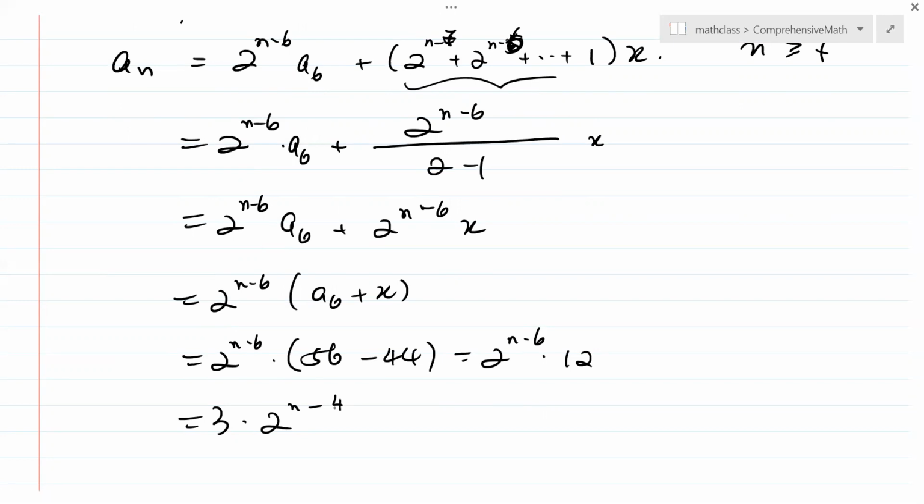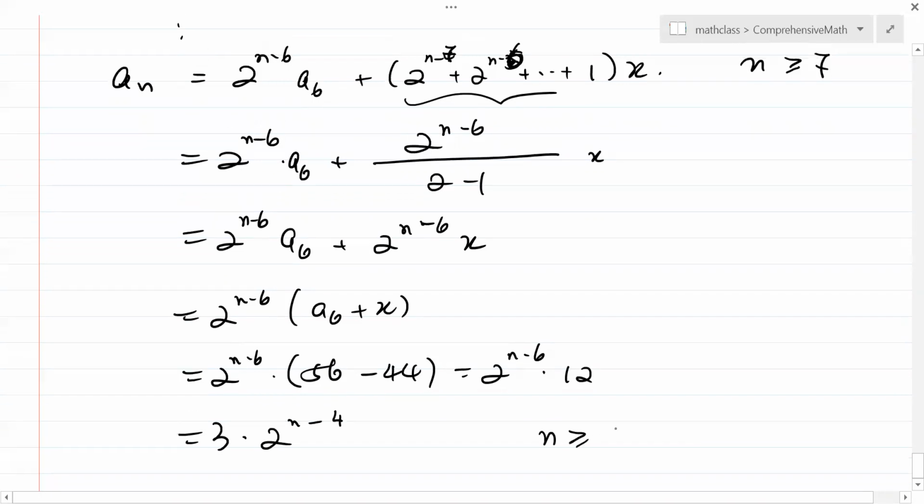And when n is 6, wait a minute. This formula is for n greater than or equal to 7.